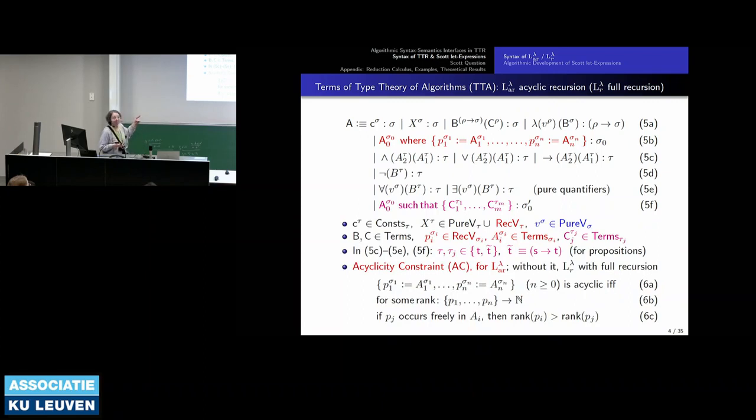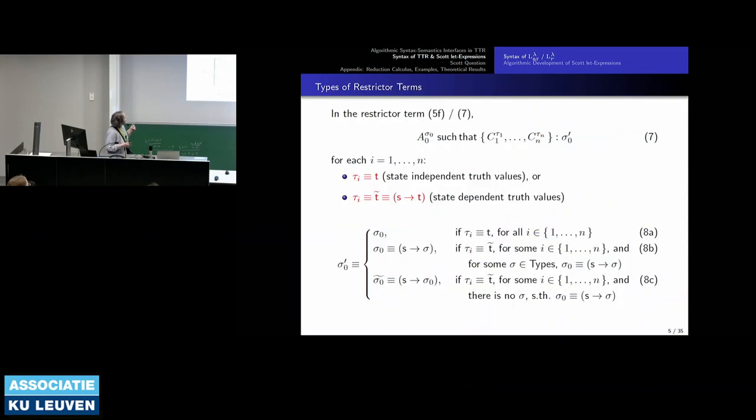So this is a very important restriction of the entire recursive machinery for ending programs. Of course, it's a different story how you find it, because there are exponentially many ranking functions, so you have to find at least one, the right one. So here, I'll jump over this, the such-that restrictor term.